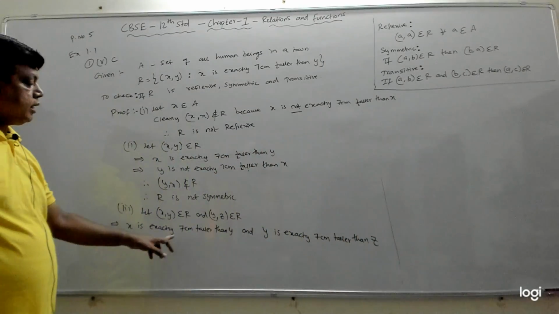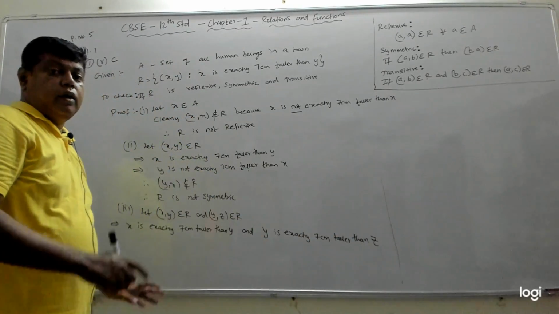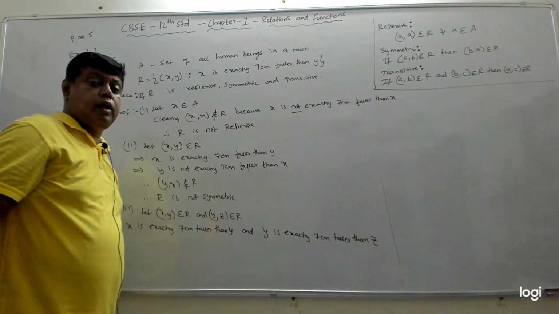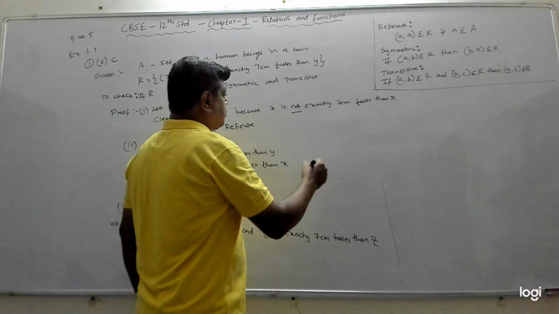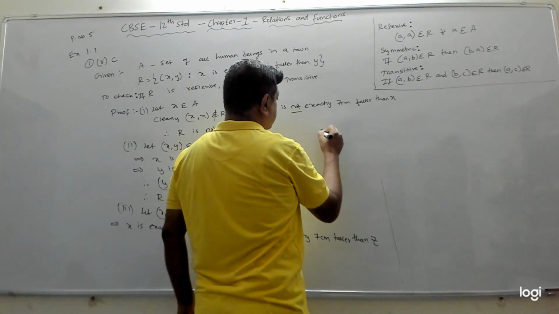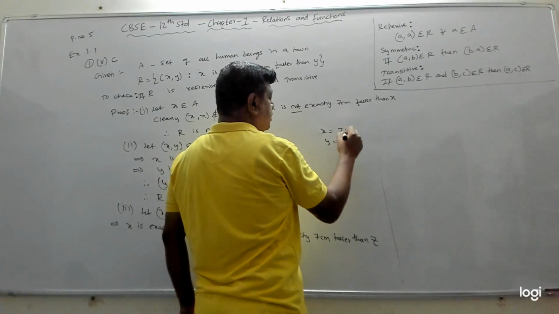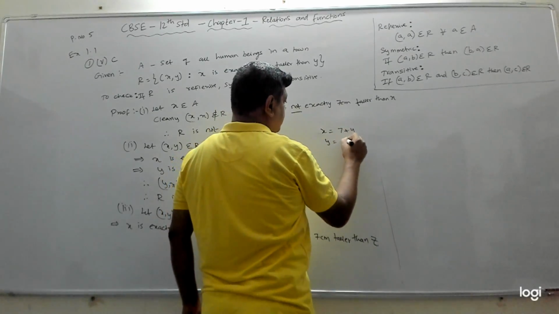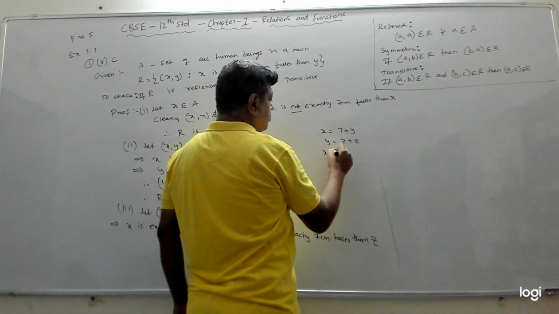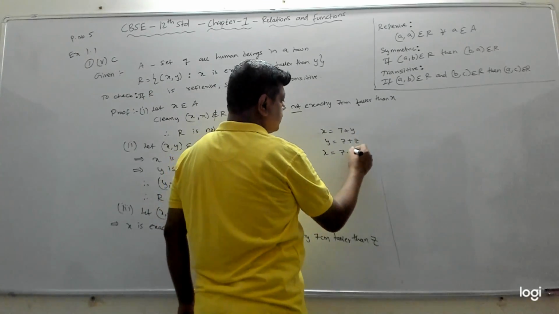When x is exactly 7 cm taller than y and y is exactly 7 cm taller than z, x is exactly 14 cm taller than z, right? See, it comes like this. X is 7 plus y, and y is 7 plus z. Now x becomes 7 plus, instead of y, I will substitute 7 plus z.